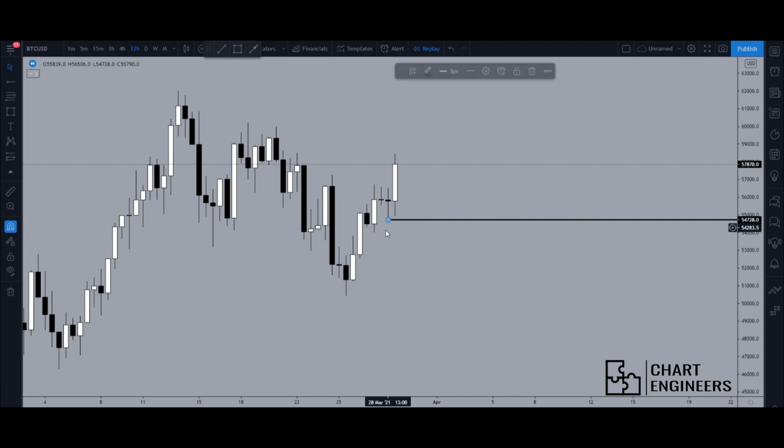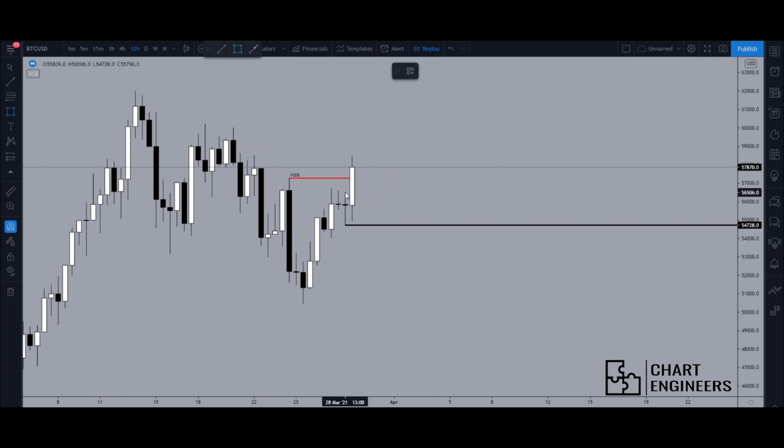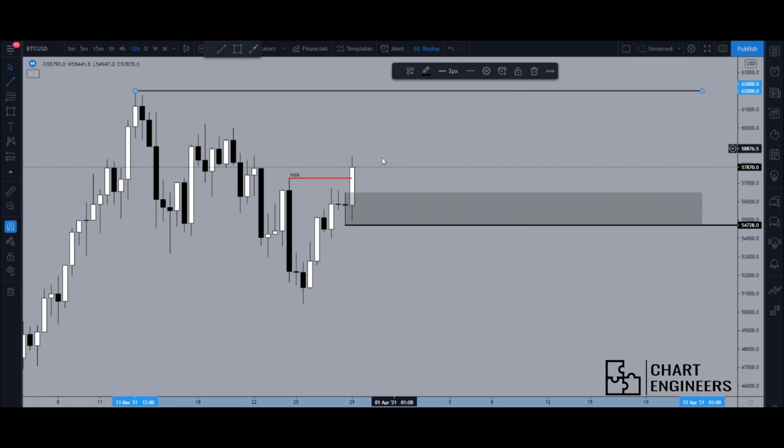So now new market structure low, here's our MSB, and then I was expecting price to retrace into this order block and then push up towards all-time high, and that was where I was looking to target, as all these highs here, 1, 2, 3, 4, they're all sort of just building up, and I see that as some engineered liquidity.